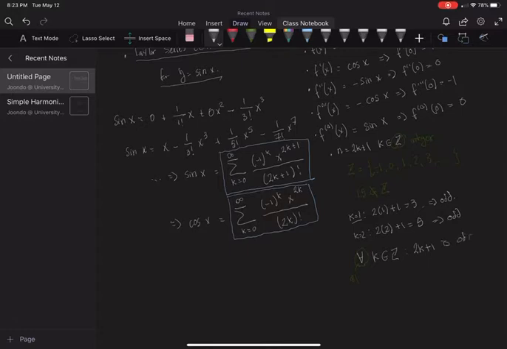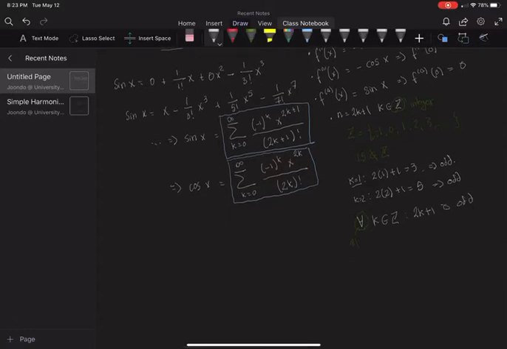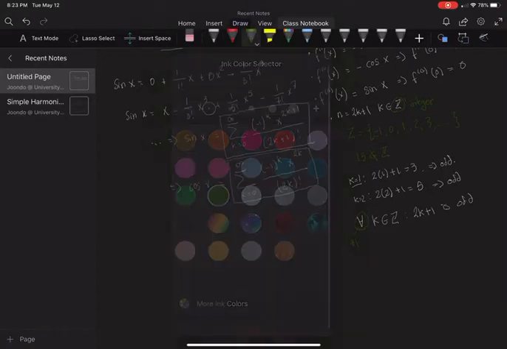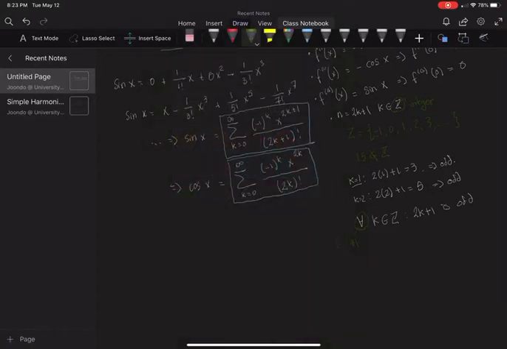And similarly, for all k belonging to the integers, 2k is even.